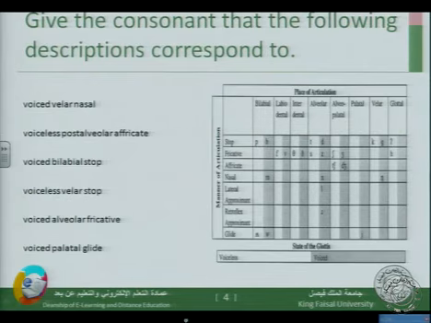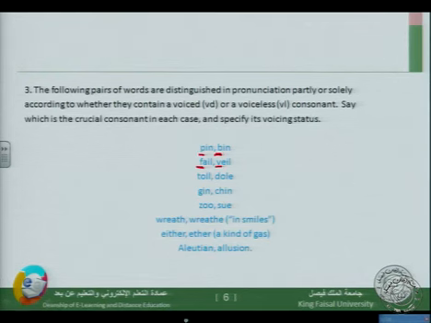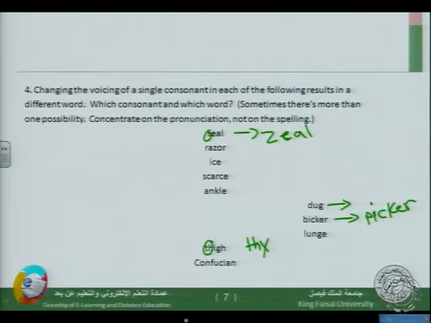Then the second exercise was which descriptions correspond to the IPA, and we have done some of them. Here we have also another example about how to identify the voiced and voiceless sounds and how to distinguish between them. It's all related to the consonant, right? Another exercise was about the minimal pairs, and I have done 2 or 3 of them.